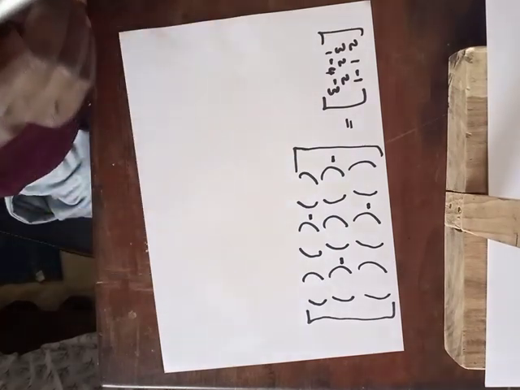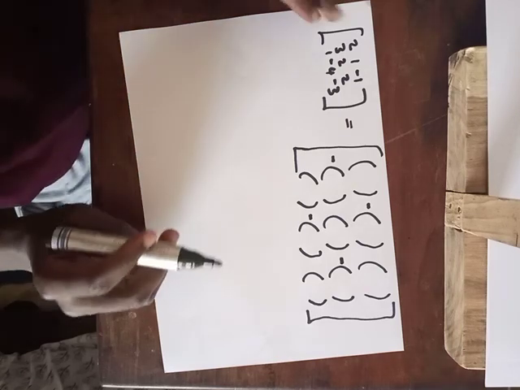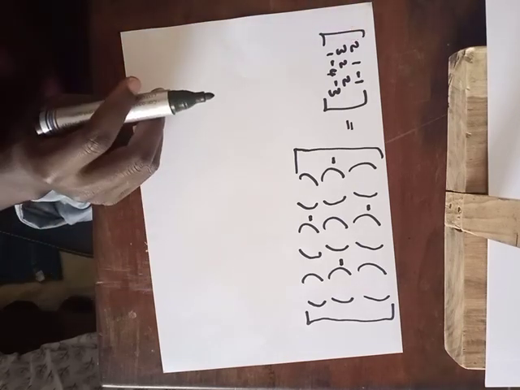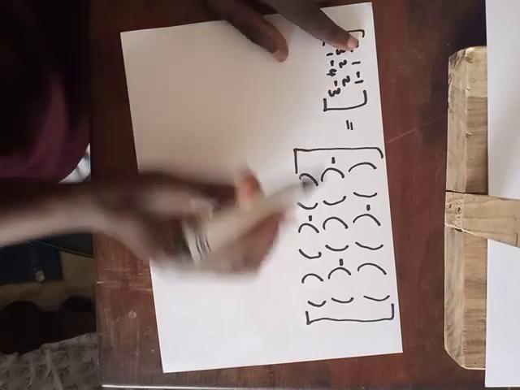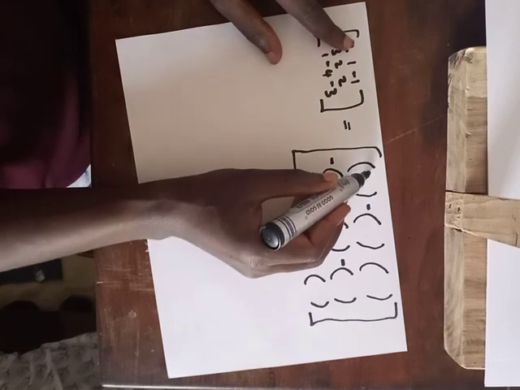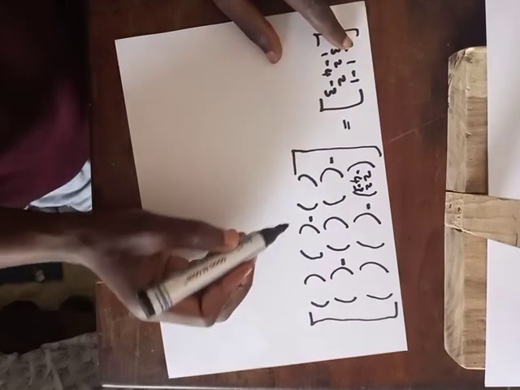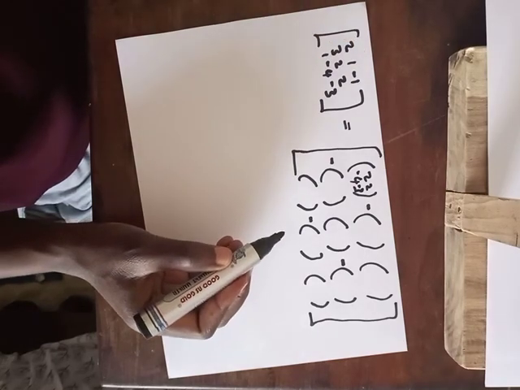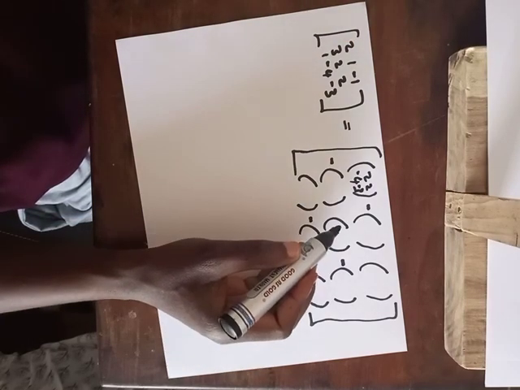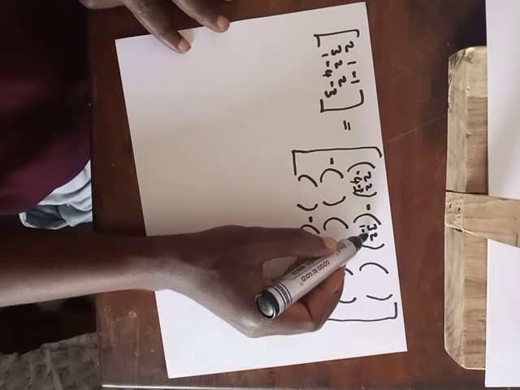So when we are done with this one, now we start aligning this matrix. When you are standing at this position, you are going to pick a 2, 2, negative 4, negative 3. Then when you stand here, you are going to pick a 3, 2, 1, negative 3.